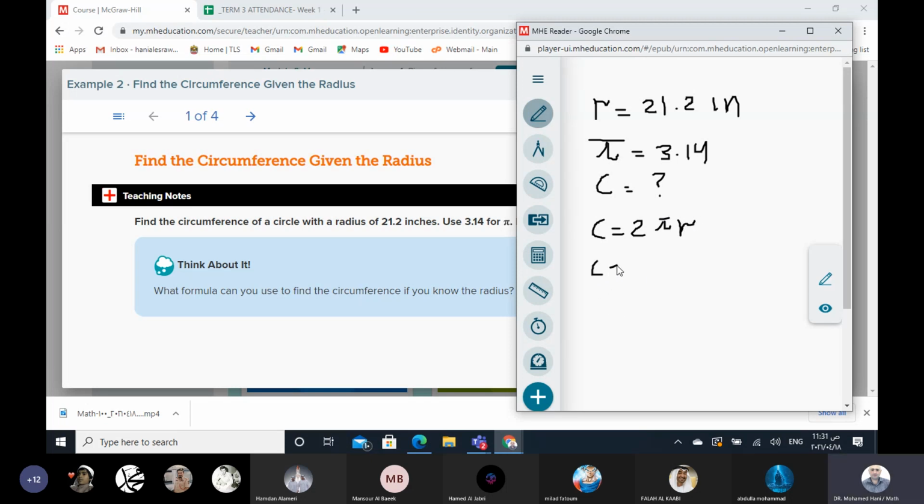C equals 2 times the value of pi, 3.14, times the value of the radius r, 21.2.